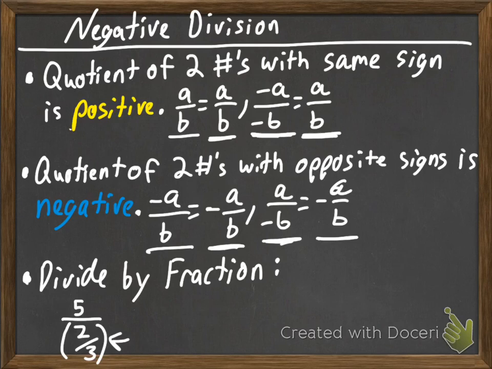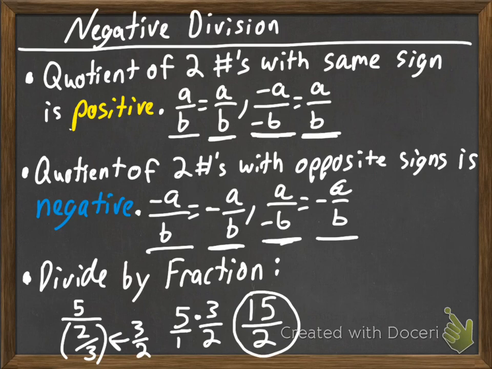So we're going to flip 2 over 3 into 3 over 2, and then we're going to do 5 times 3 over 2. 5 times 3 is going to be 15. 1 times 2 is 2. So you can't divide by a fraction, you have to flip it and multiply. And that is the end of this lesson.